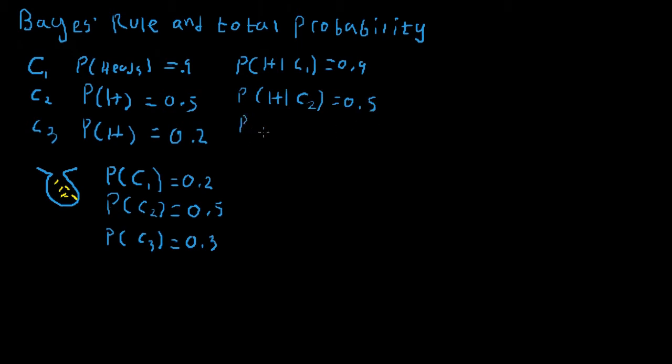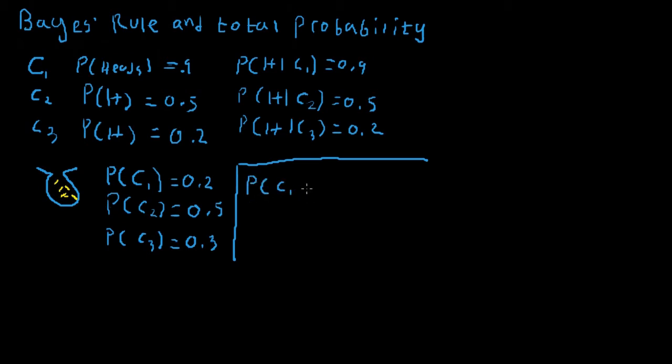We're now going to ask, if we flip the coin and get heads, what is the probability of the different types of coins? So let's say I reached into this bag, flipped a coin, and it did indeed come up heads. What is the probability that I drew one of the biased coins? So now we're asking, what is the probability that I drew a coin of type 1 given that I flipped a head?